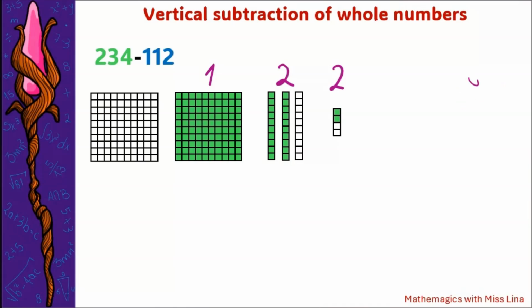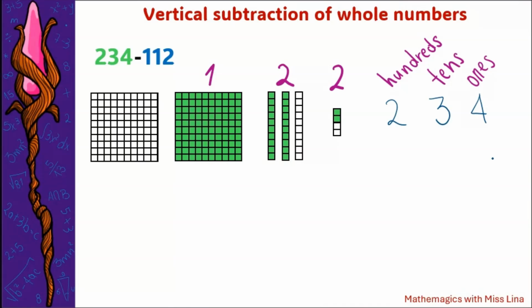In the vertical subtraction, that's what we do. We also make operations between the same size. So we do the ones, the tens, and the hundreds, to make sure that they have the same size. So let's put 234.